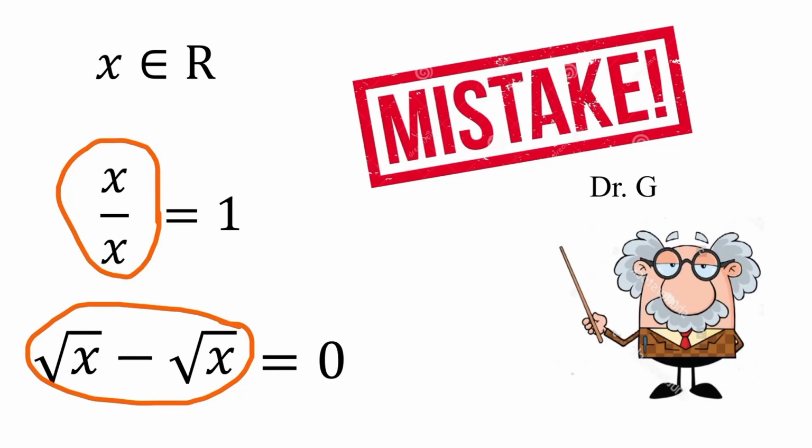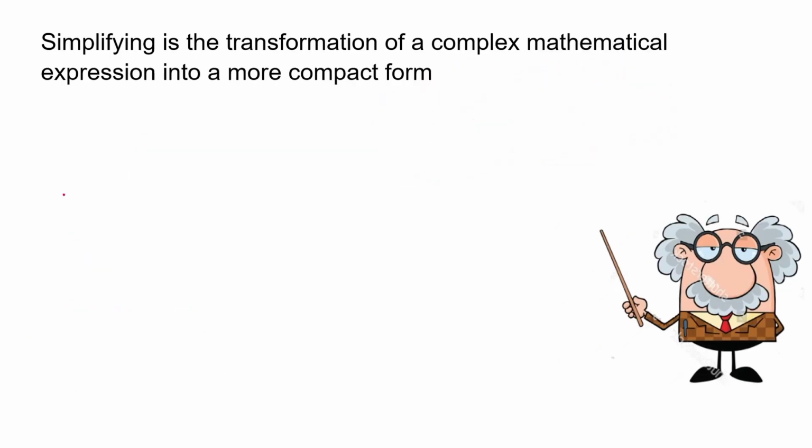Let's start with the definition. What does it mean to simplify an expression? In simple words, simplifying is the transformation of a complex mathematical expression into a more compact form while preserving equivalence. The last part is very important.